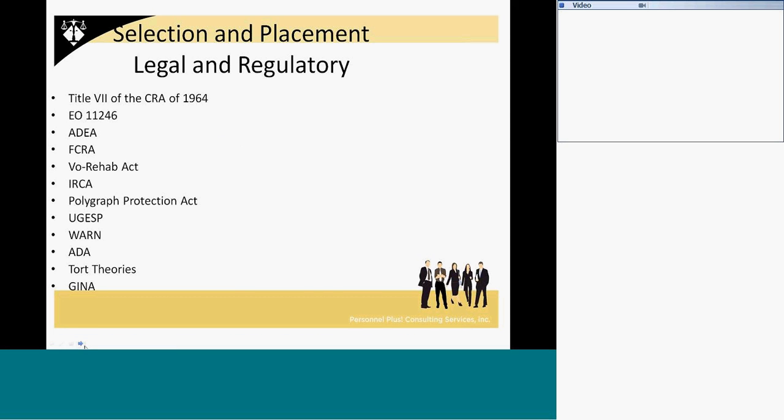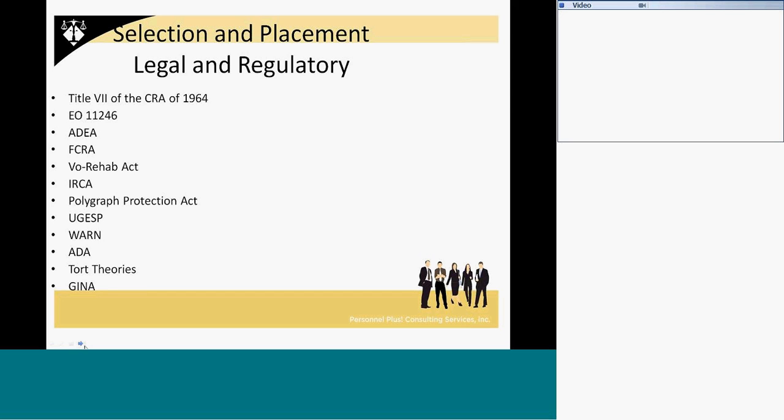We'll start with the topic of selection and placement, sometimes more popularly known as hiring. So talk about the whole process of hiring. As far as law is concerned, when you make an employment decision with regard to an employee, it becomes a selection and placement decision.